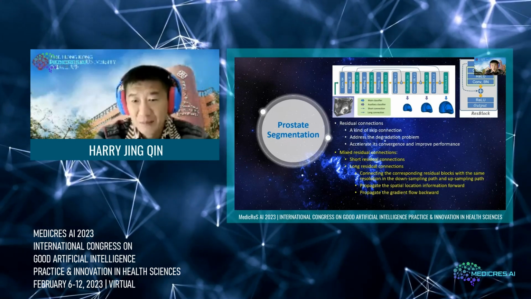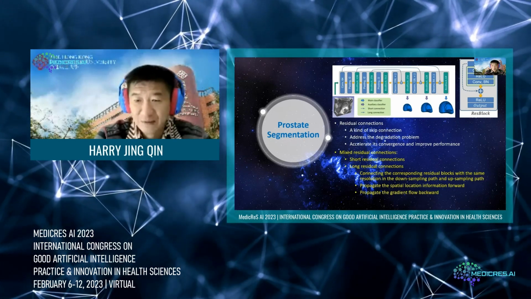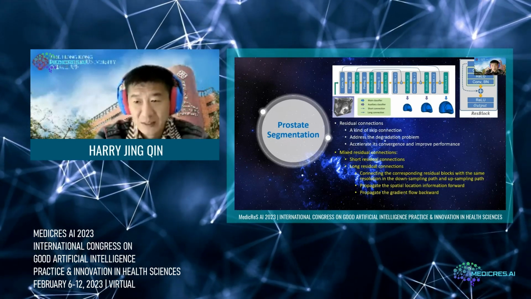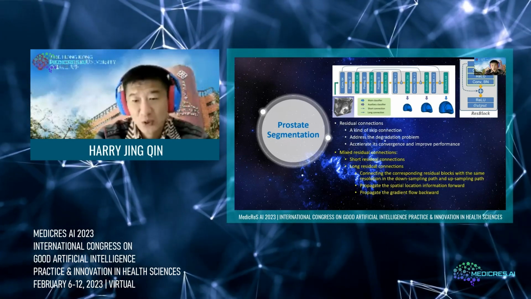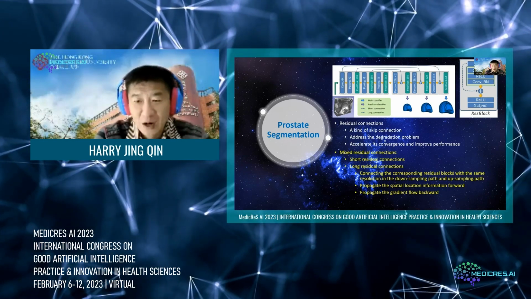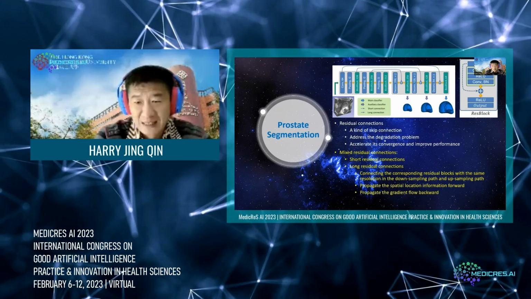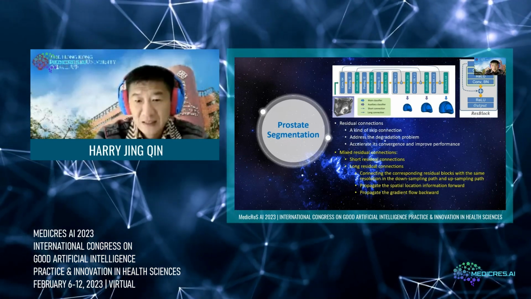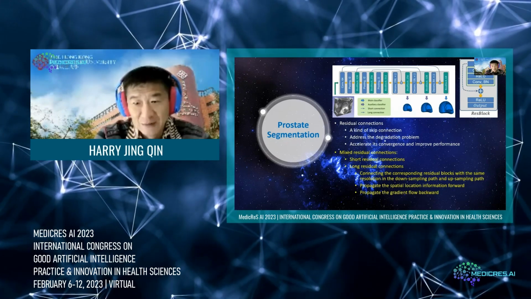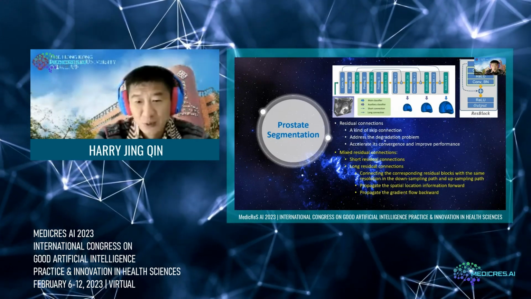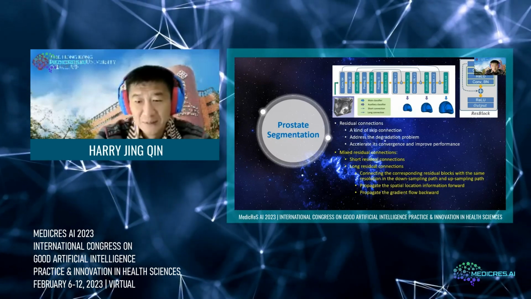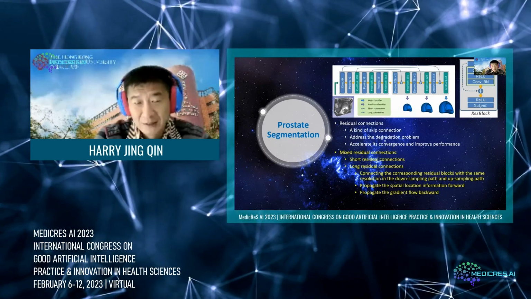One of the main merits of this work is that we introduce mixed residue connections. Besides traditional short residue connections, we also introduce long residue connections in the network. In the long residue connections, we connect the corresponding residue blocks with the same resolution in the downsampling path and upsampling paths.